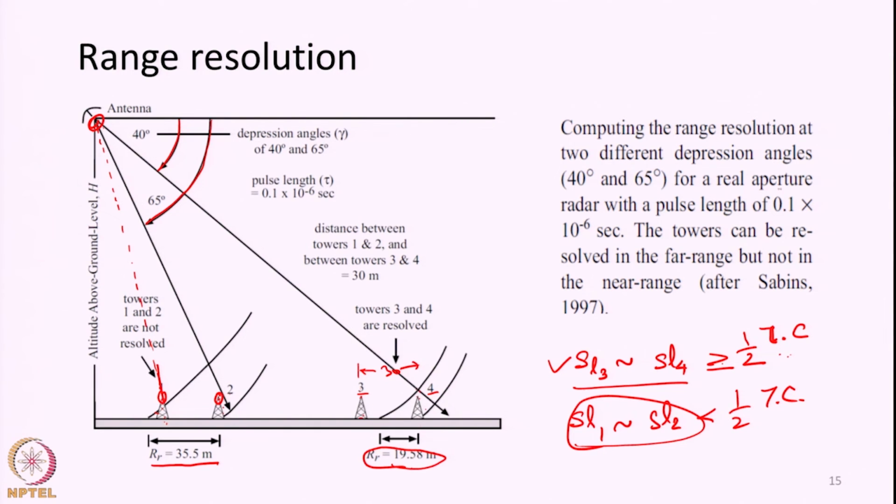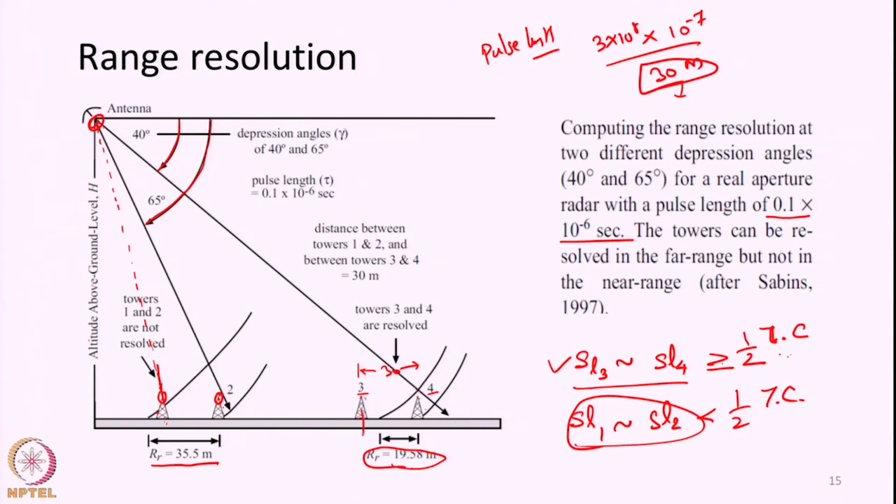A real aperture radar is working, with a pulse length of 0.1 microsecond, that is 0.1 into 10 power minus 6 second. The actual length of the pulse is the speed of light, 3 into 10 power 8, times the time duration 10 power minus 7, so 30 meters.